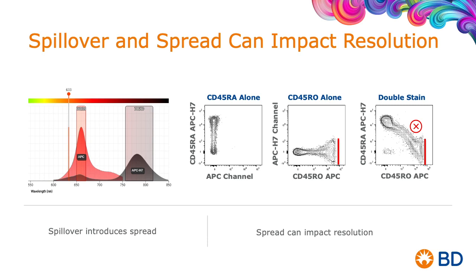That's the larger width of the positive population as compared to the negative population. As a result, when we perform our double stain, it will be really hard to resolve the CD45RA dim, CD45RO positive population because of the background of the spread. And that's why spread impacts resolution.